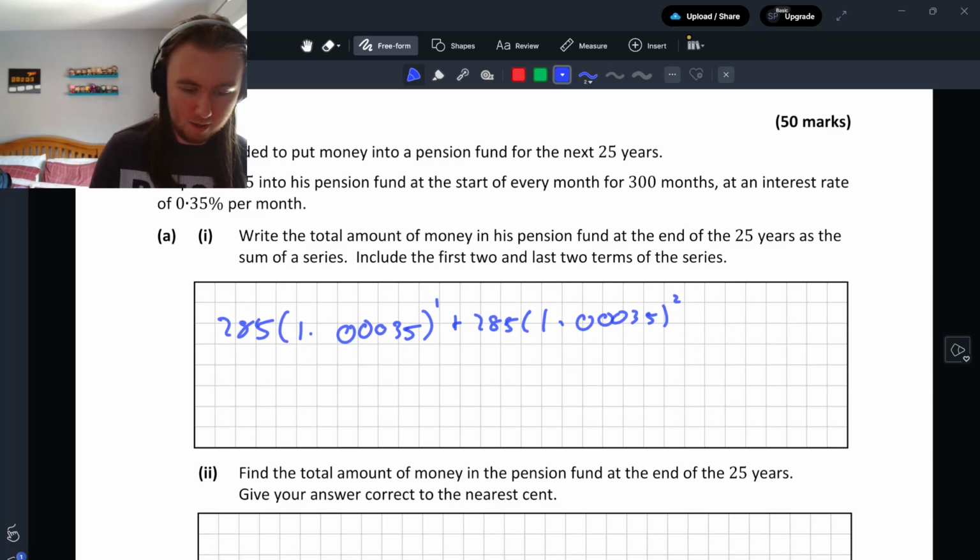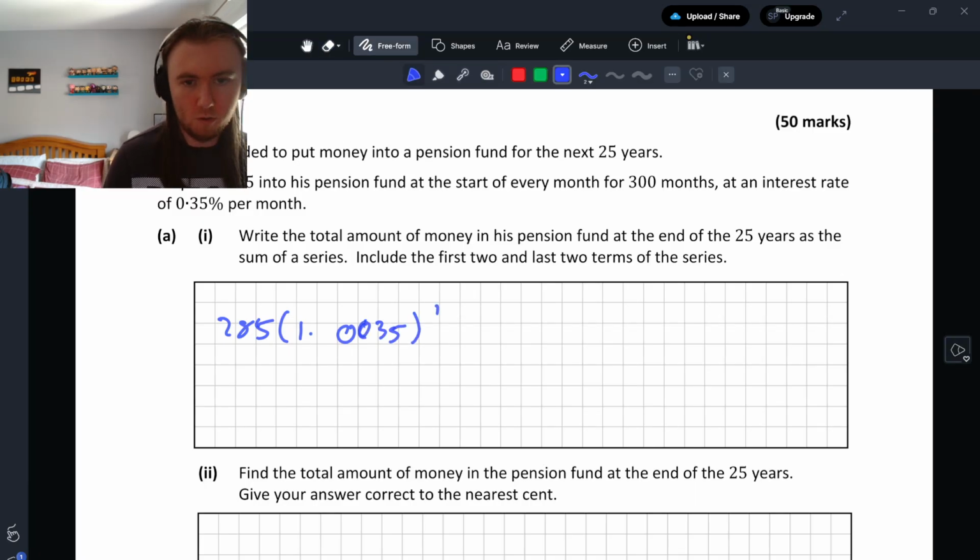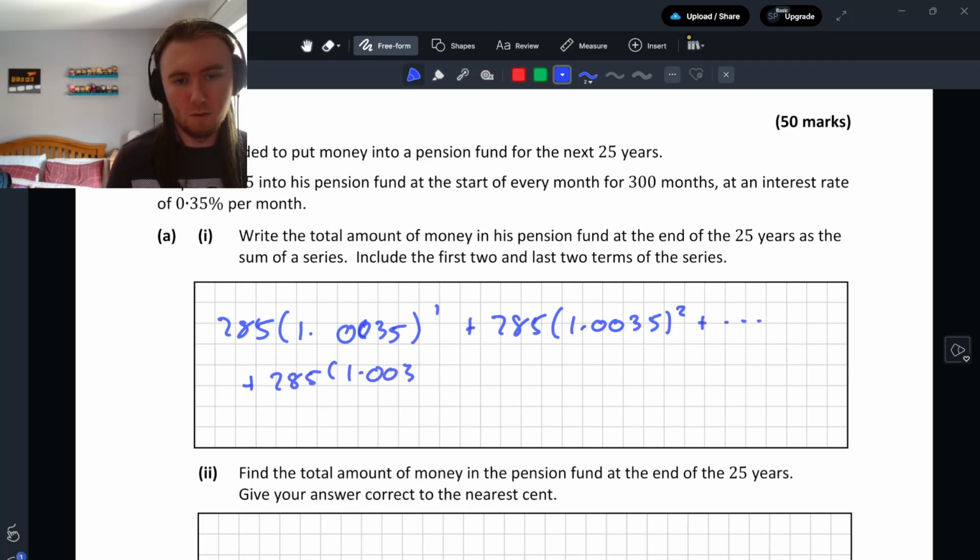I added an extra 0 where I shouldn't have. 1.0035 to the 1 plus 285 times 1.0035 to the 2 plus on, and then 285 times 1.0035 to the 299, to the power of 300.